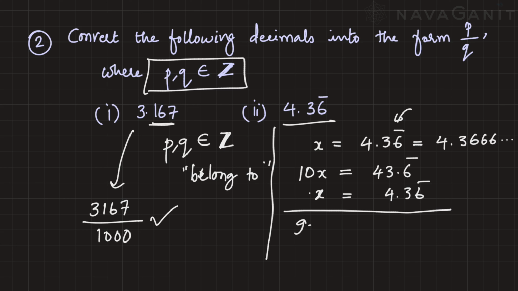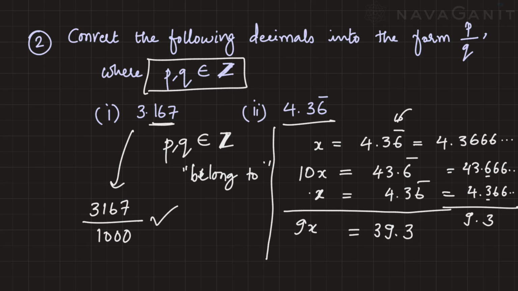Now I subtract one from the other. I end up getting 9x equals 39.3. Why? Because this is 43.666 and so on, and this is 4.366 and so on. So if I subtract, 6 minus 3 would be 3, giving 39.3.